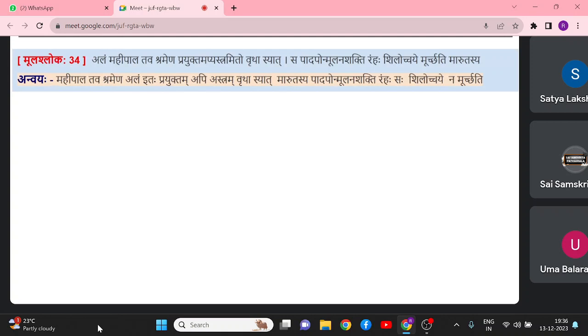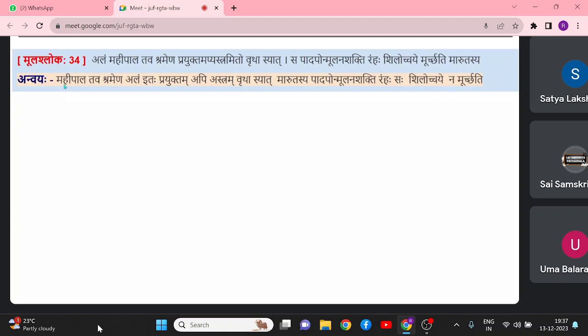Prakshiptam, which is sent. Api, even though. Astram, the weapon, the missile, the arrow. Whatever astram is being sent on me, which is thrown on me, vritha syat. It will be a waste. It will be futile. It will be vyartham.